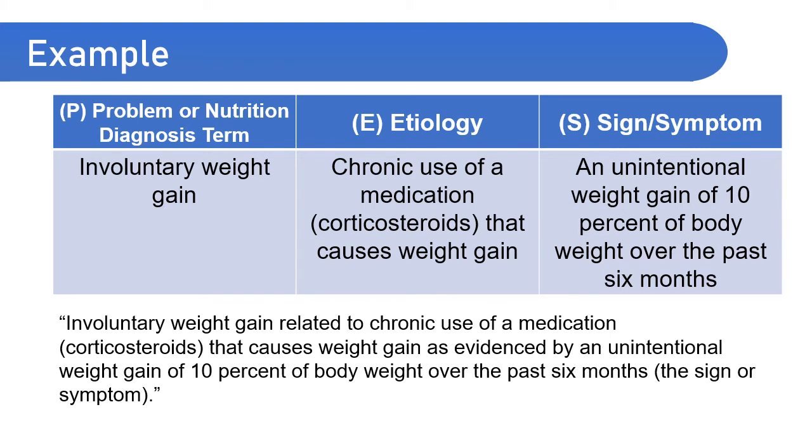So the full statement will be: involuntary weight gain related to chronic use of medication corticosteroid that causes weight gain as evident by unintentional weight gain of 10% of body weight over the past 6 months.